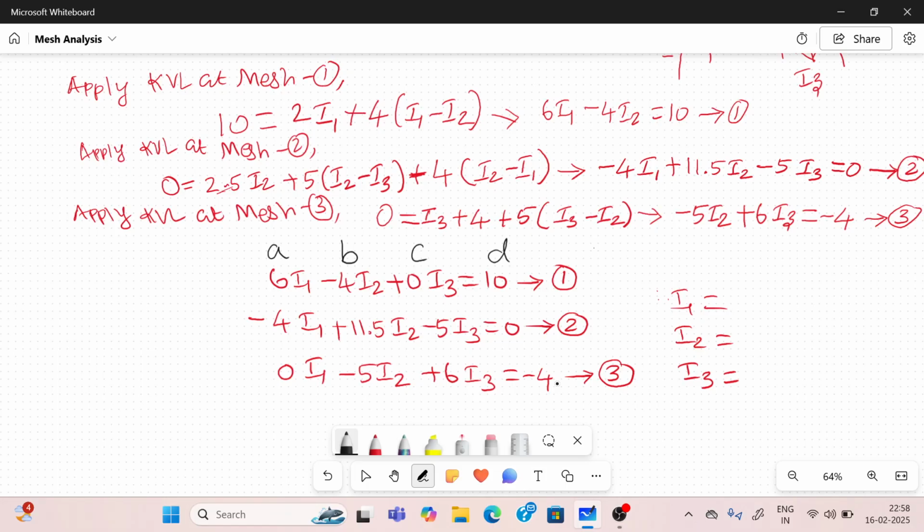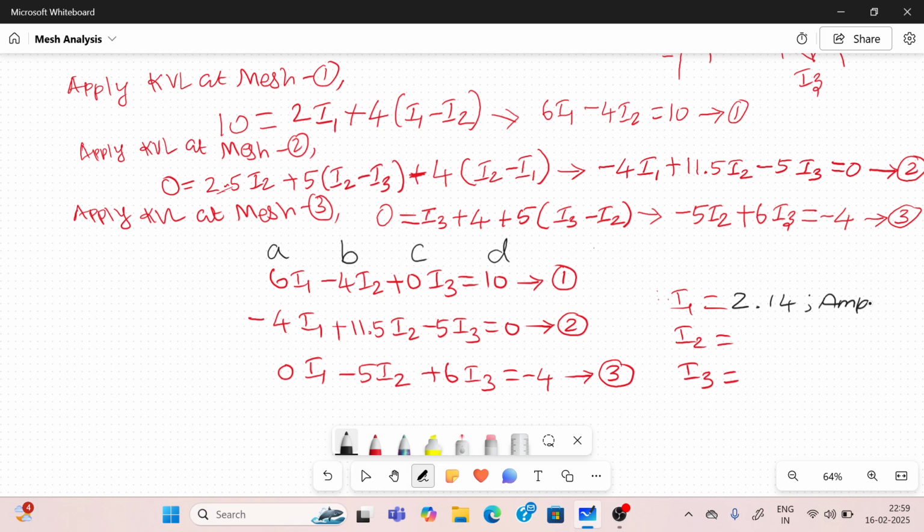Just a minute. 11.5, minus 5, 0, 0, minus 5, 6, minus 4. By solving in equation mode, I1 is 2.14 amps. At least you should write 2 decimal points.